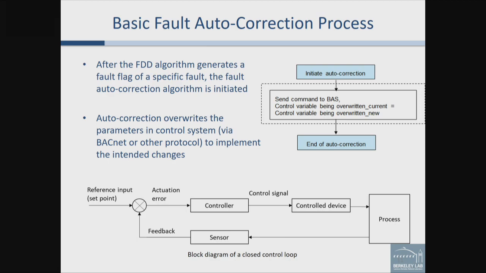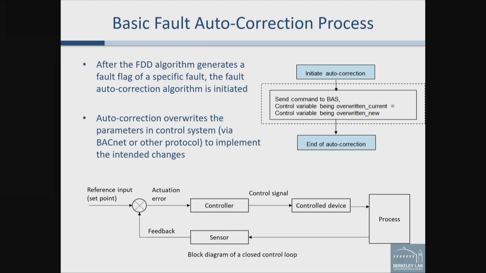When I say control variables, what does that mean and what can these control variables be? I'm showing the closed control loop flowchart at the bottom. For a typical control process, we have set points, and these set points are compared with the feedback from the sensor. The difference between the two is the input of the controller. The controller decides the control signal that is sent to the control device.